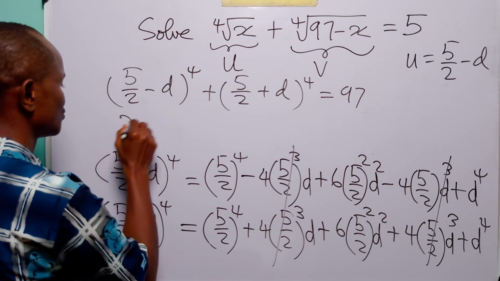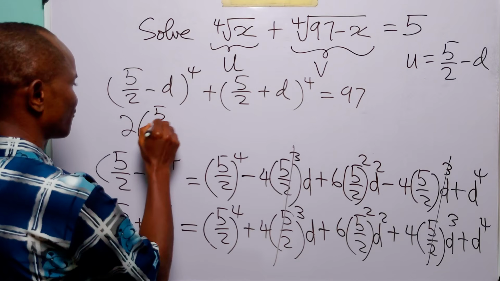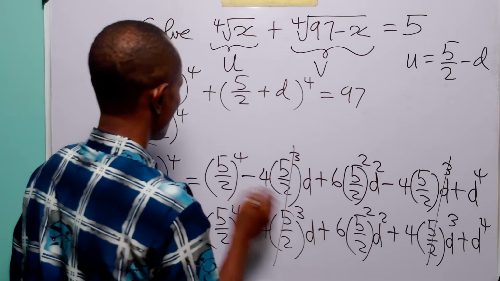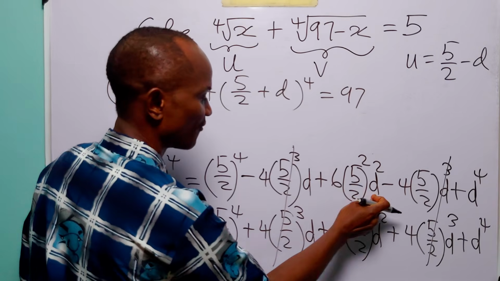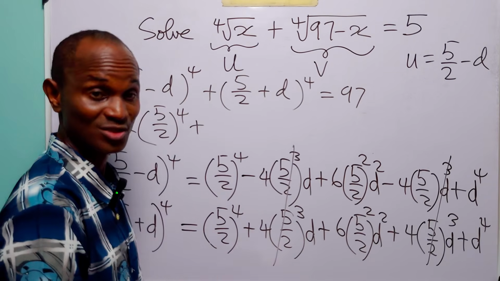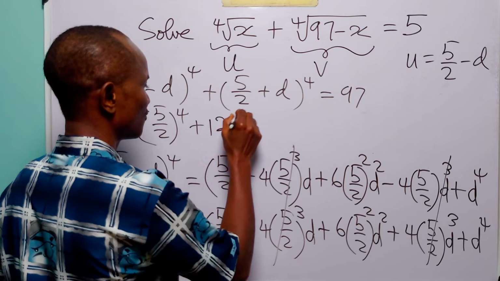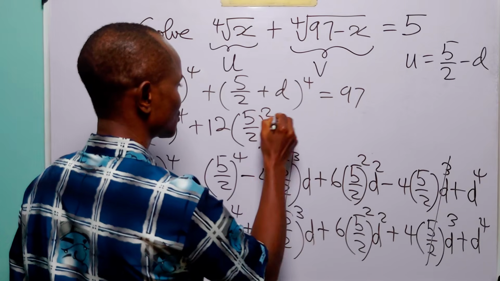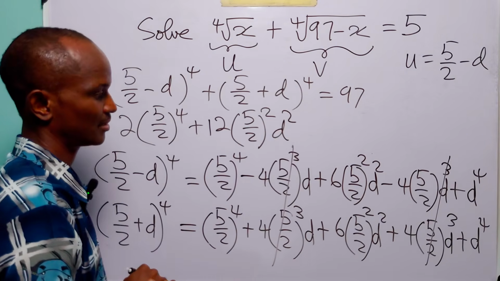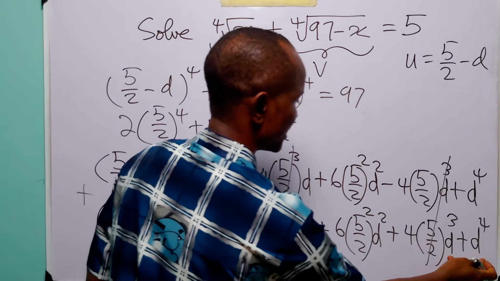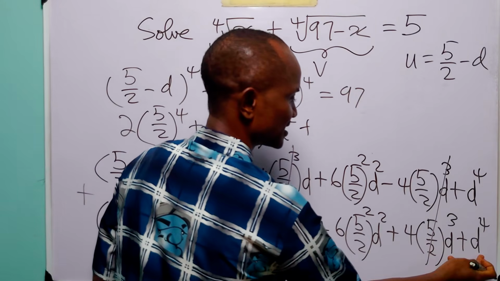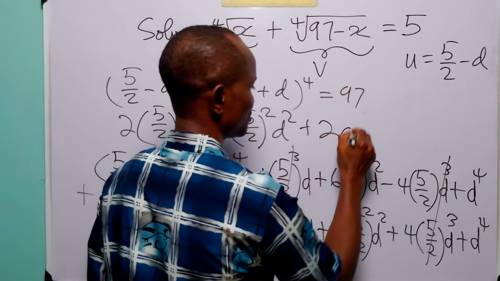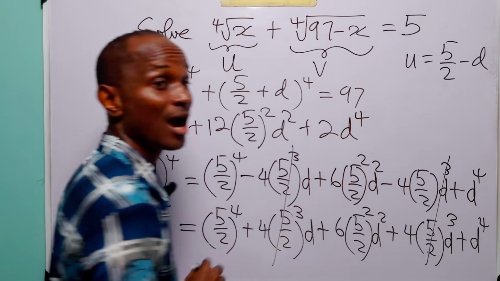That is 2 times 5 over 2 raised to power 4. Here we have 6 of this plus 6 of that. So of course that is 12. So here we have 12 times 5 over 2 squared d squared. And lastly, here we have one of this and one of this. That is 2 of that. That is 2 times d to power 4.